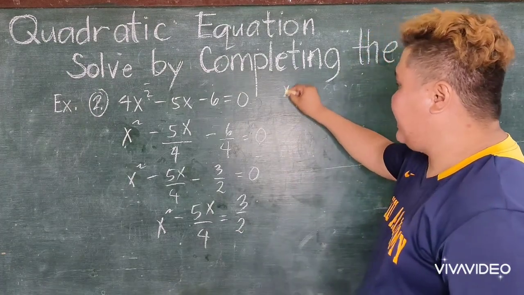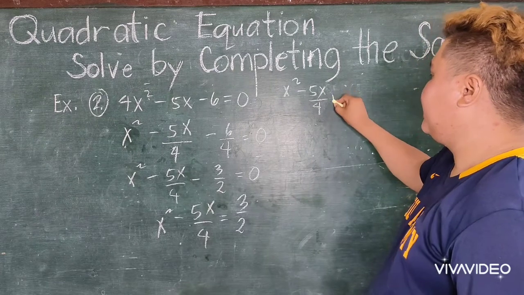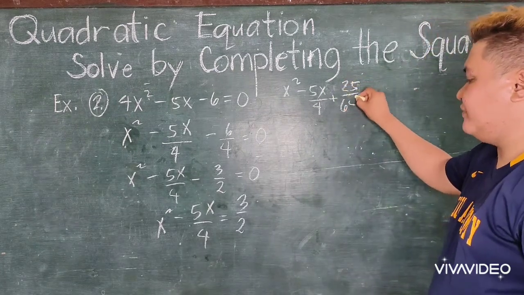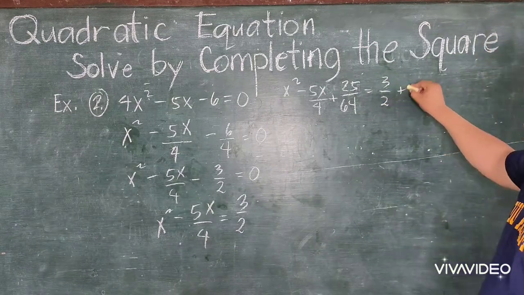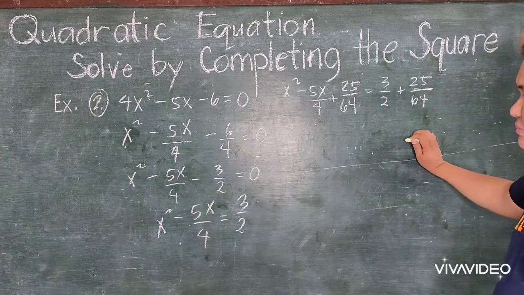We have x squared minus 5x over 4 plus 25 over 64 equals 3 over 2 plus 25 over 64.